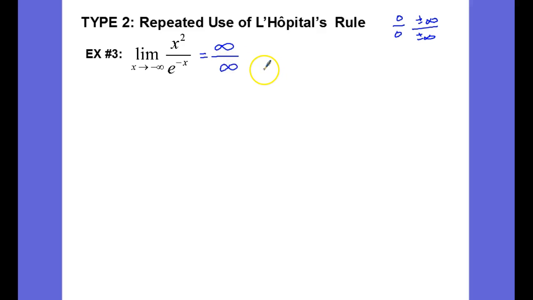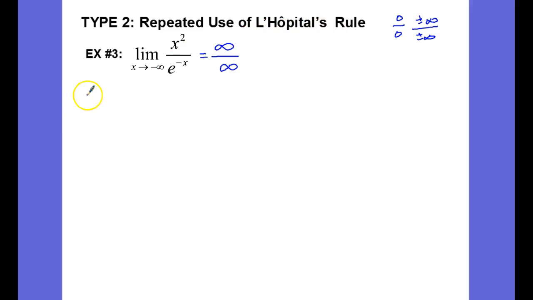So we have infinity over infinity, an indeterminate form. x squared is continuous and differentiable on all real numbers. e to the negative x is continuous and differentiable on all real numbers, and all real numbers, negative infinity to positive infinity, includes negative infinity. So we're good. We satisfy the criteria.